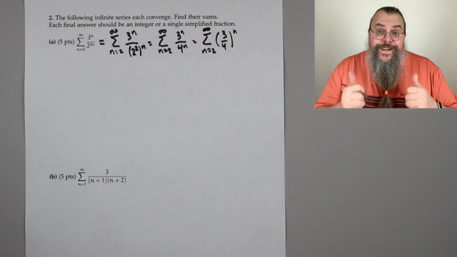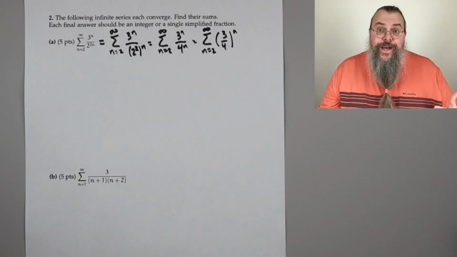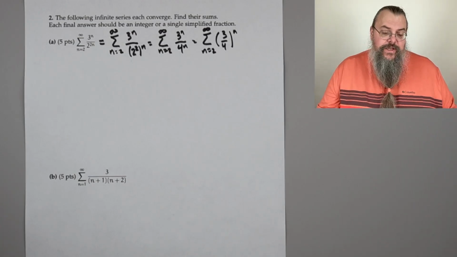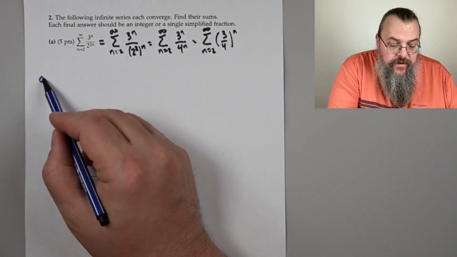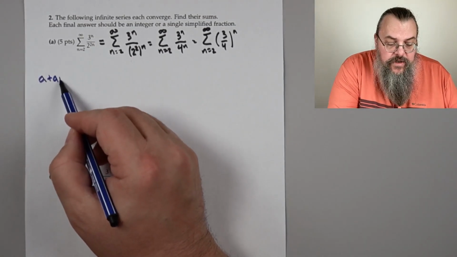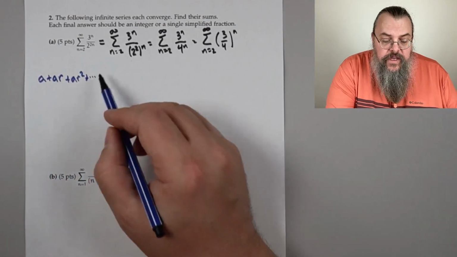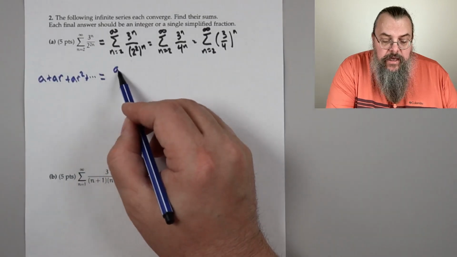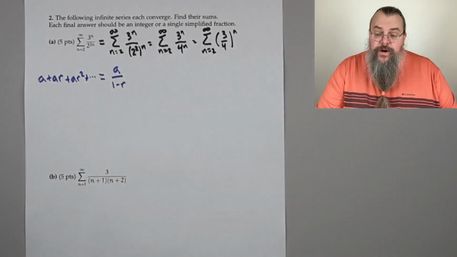All right, nice. Now, how do you add a geometric sum? The answer is a geometric sum, which looks like some number plus number times r plus number times r squared plus ..., is equal to a over 1 minus r. So there's 2 parts.